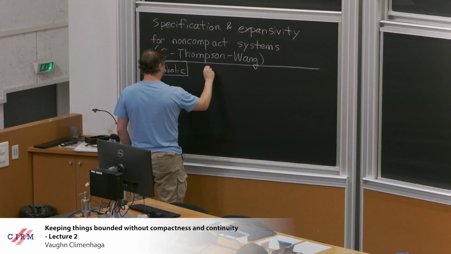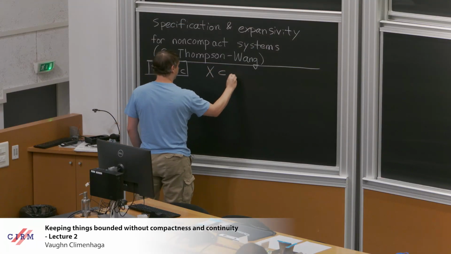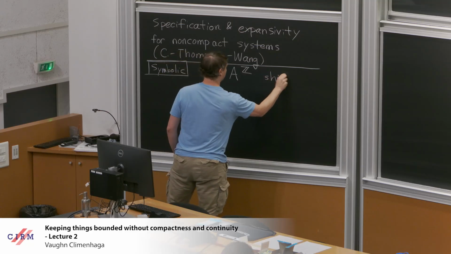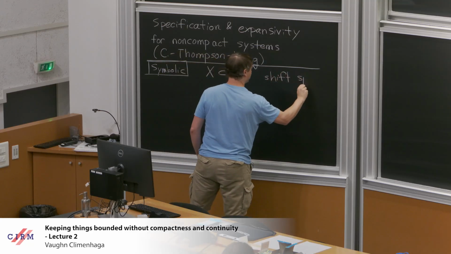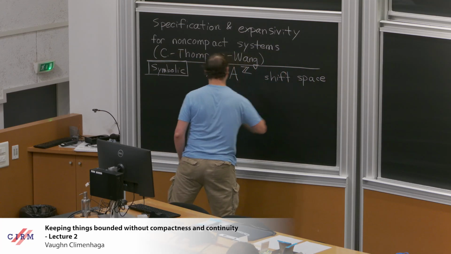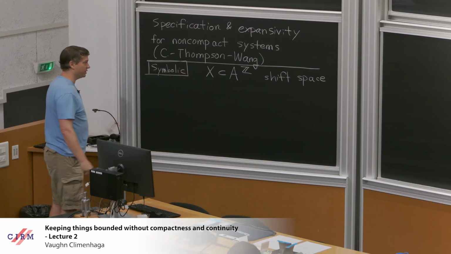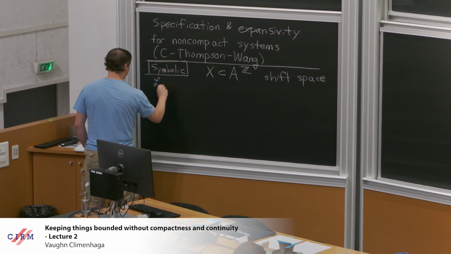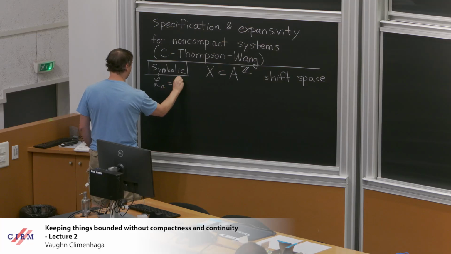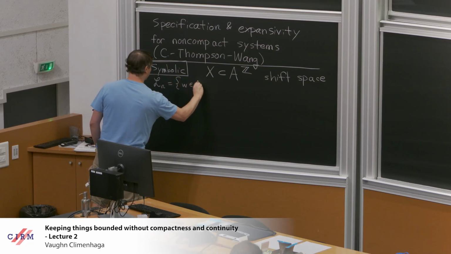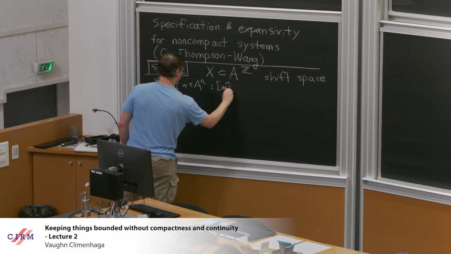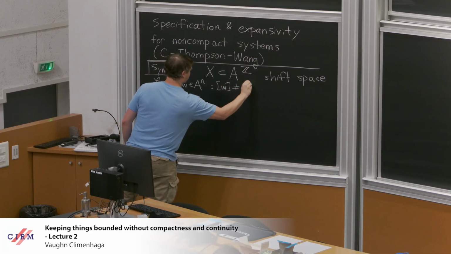So in the symbolic setting, we're going to let A be a finite set, which is the alphabet, and X will be a shift space. So it is a closed shift invariant subset of the space of bi-infinite sequences with entries in A. And for each natural number n, Ln will denote the set of words of length n for which the corresponding cylinder in the subshift is non-empty.